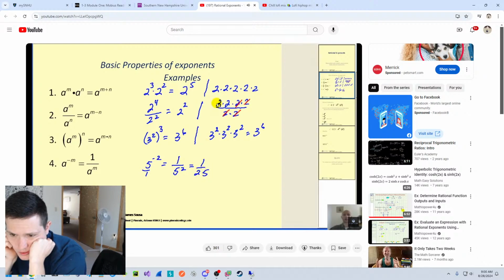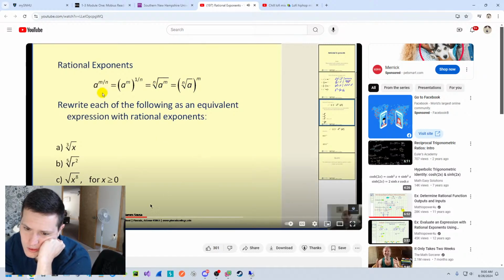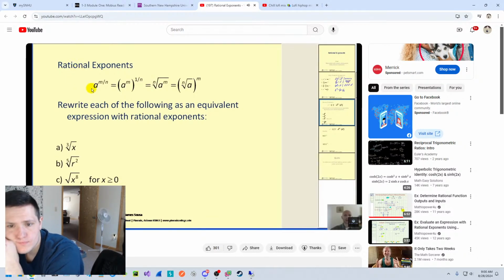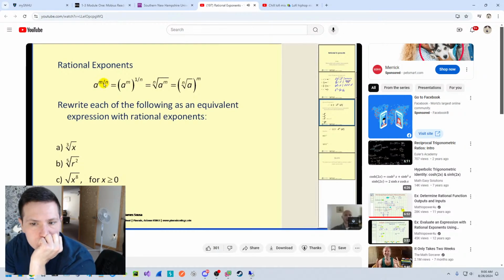Okay, let's go ahead and take a look at rational exponents now. The main goal is to be able to apply this definition for a variety of purposes. Now what I want you to watch out for is, if you have a base raised to a fractional power, the denominator tells you the index of the radical.